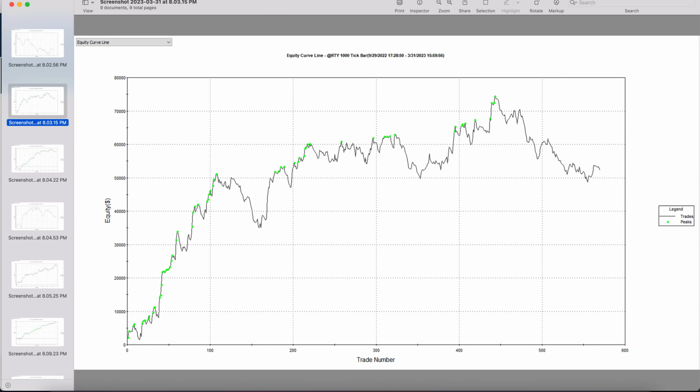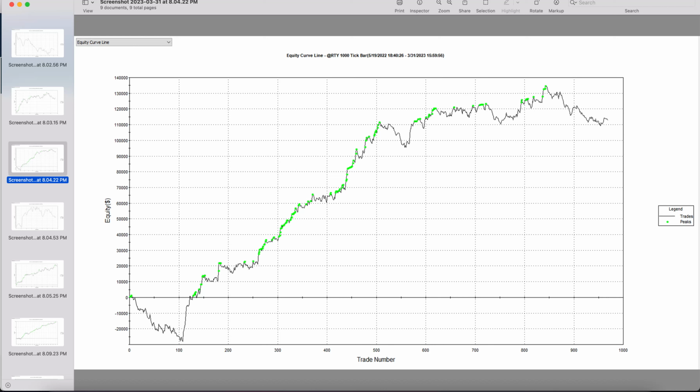This is 6 months worth of data, and that's our little move up in the last couple days. That's obviously the quarter, and it's been rough. And then I've been talking about putting on as much data as I can. This is 5/19 to 3/31. Not quite a year's worth of data, just because the Russell, for whatever reason, doesn't give me all the data.